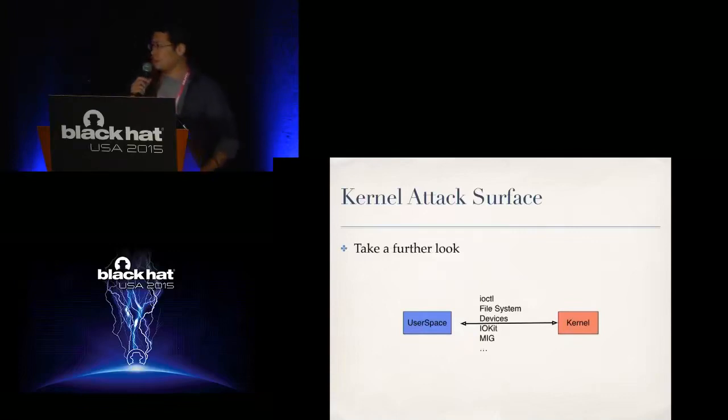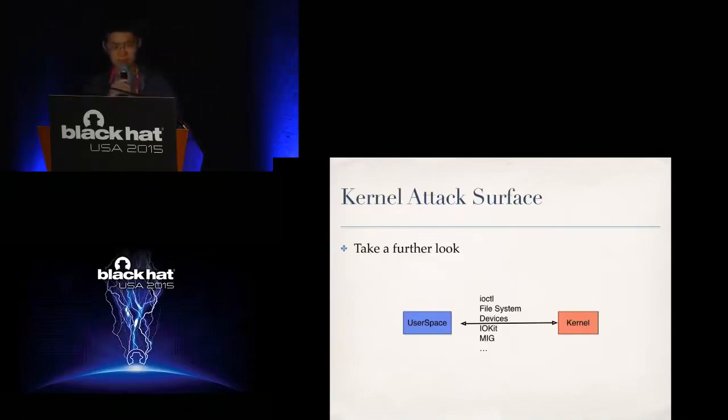So actually, we are able to divide this into some small categories. I just list some here. For example, the I/O control, this API is very, very powerful. It is able to control some system variables, read or write some system variables inside the kernel. And the file system, of course, if you want to mount an image, the kernel must resolve the file system.